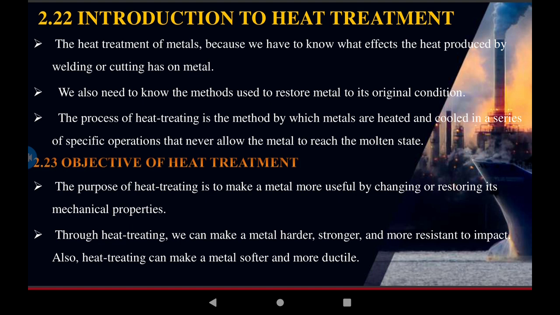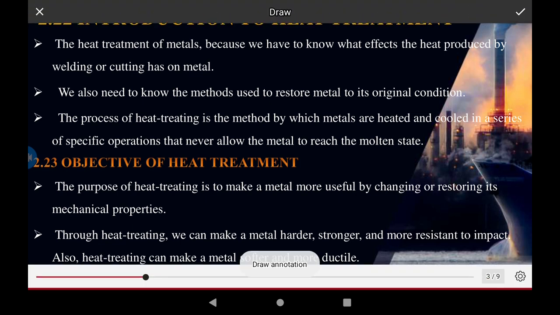Introduction to heat treatment. In heat treatment of metal, we have to know the effect of heat produced by welding or cutting on metal. We also need to know the methods used to restore the metal to its original condition.